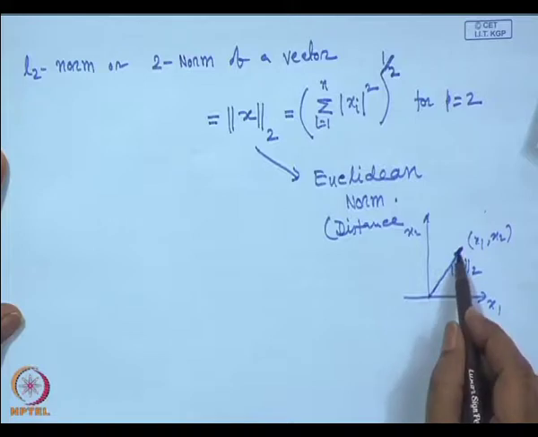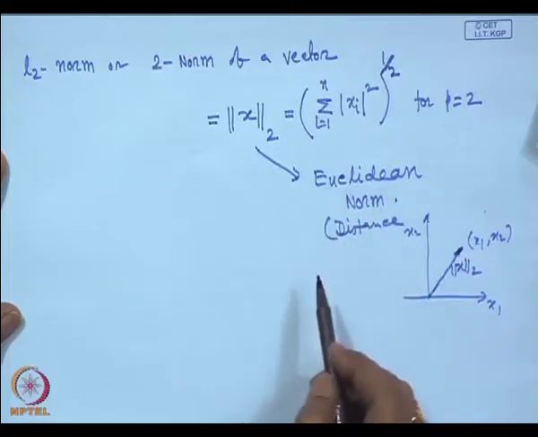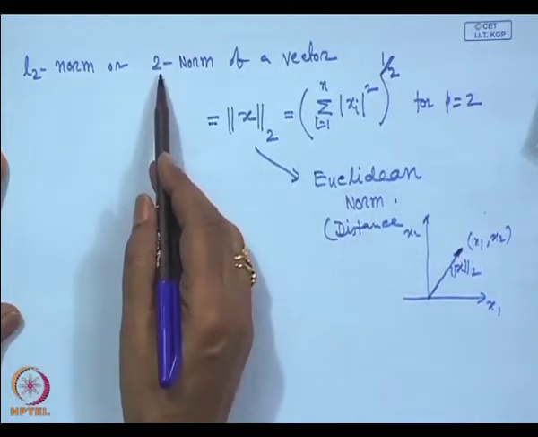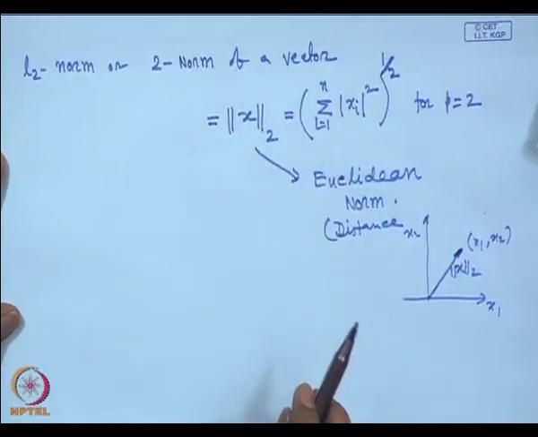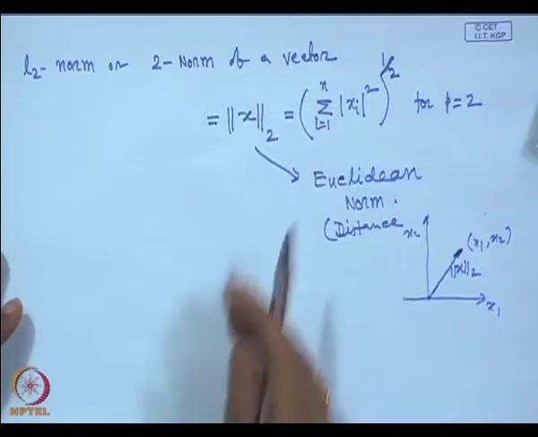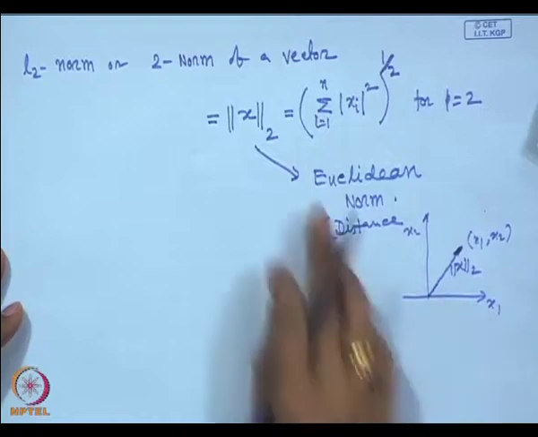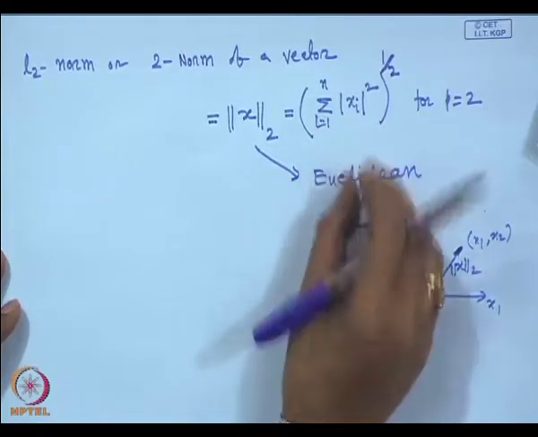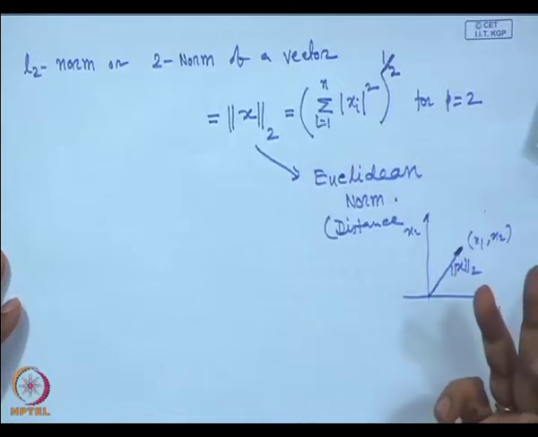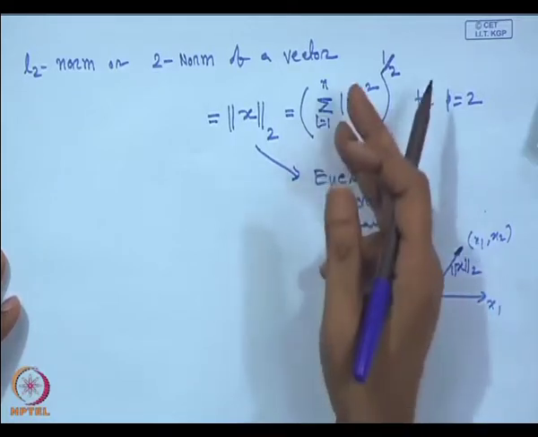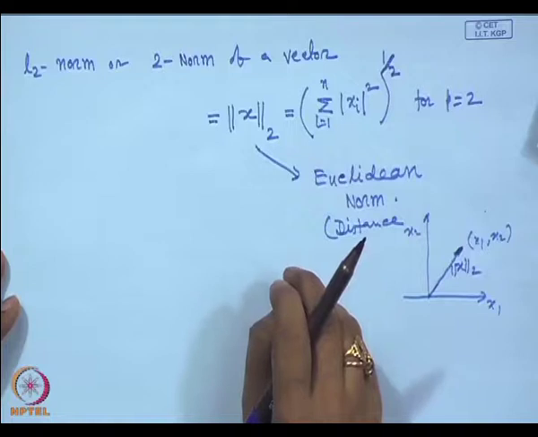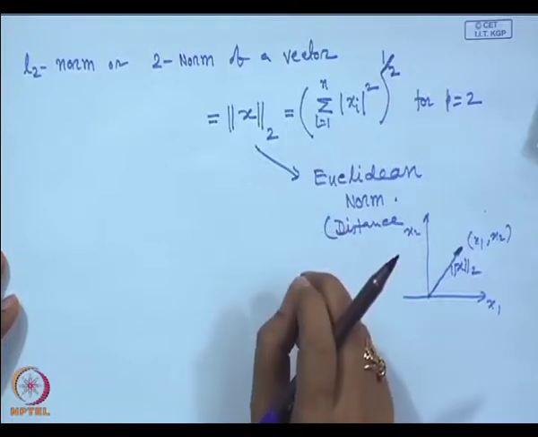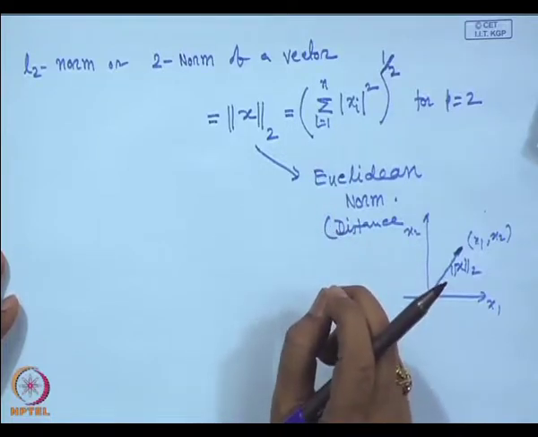That means the length of this vector is nothing but the Euclidean norm, or the 2 norm of a vector. In iterative methods, you can also use this norm to check whether the algorithm has converged or not.